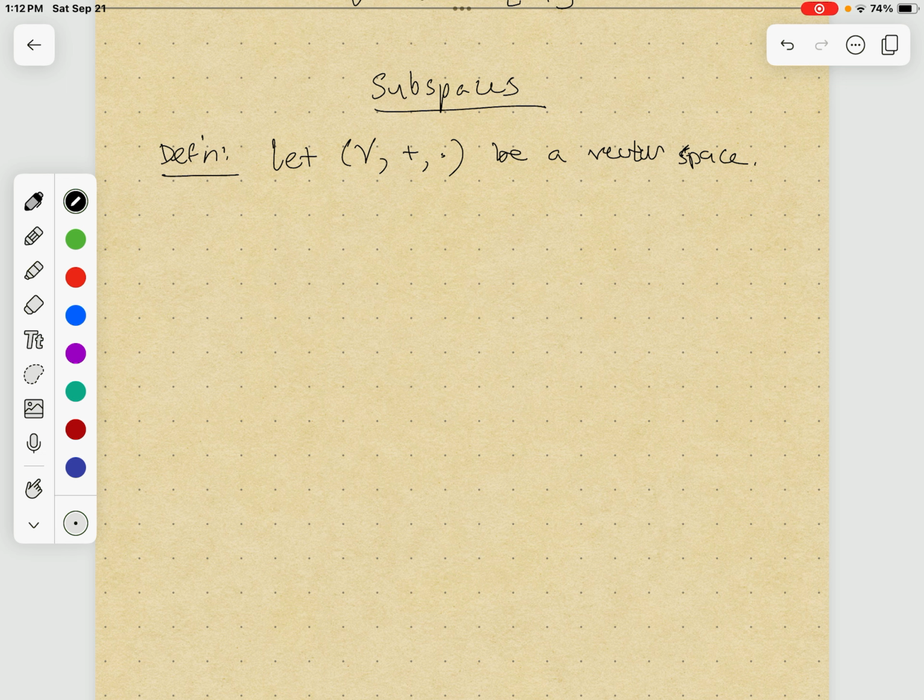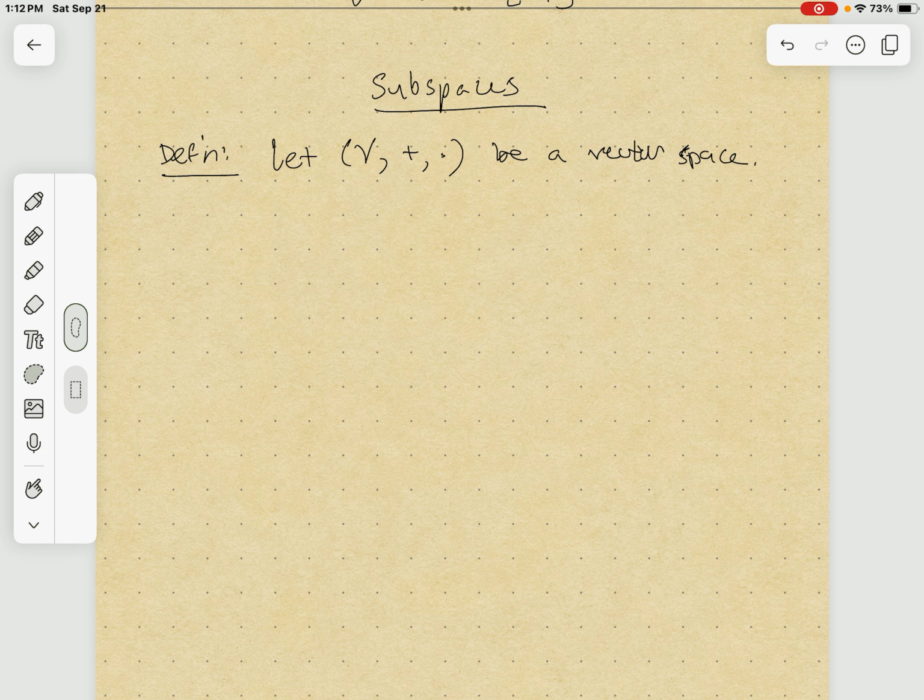Well, because by definition, a vector space consists of not just the set, but also the operations. These three things together are the three ingredients that you need to have a vector space. So technically a vector space is really a collection of these three things, not just the set V.